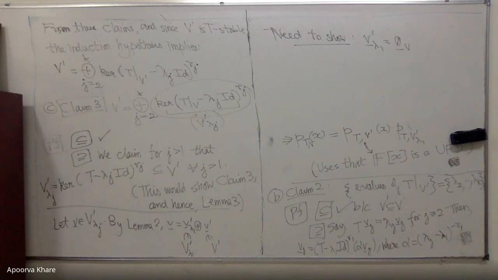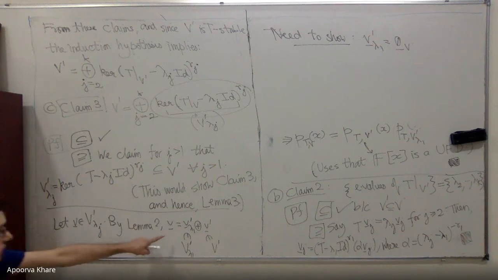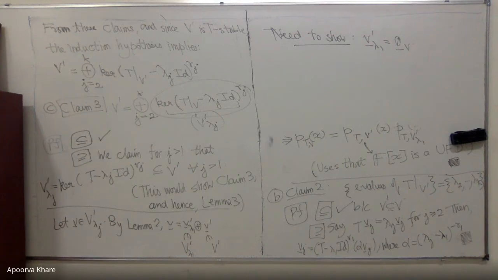This is where I'm stuck again. If I apply T minus lambda 1 identity to the R1 to both sides here, let's see what I look at. This will just become 0. No, this is already there.